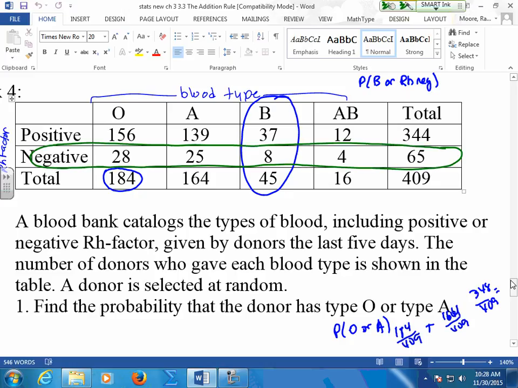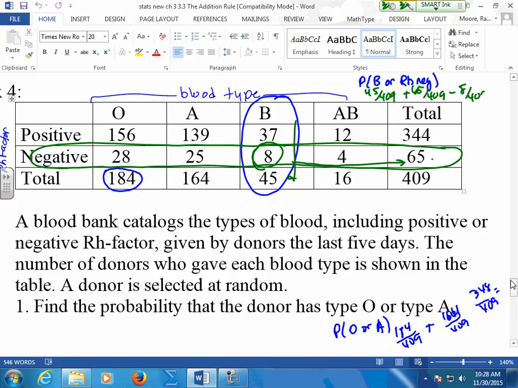Did they overlap? Where did they overlap? At the 8. That's the one I counted in this column and in this row. That's the one I have to subtract.